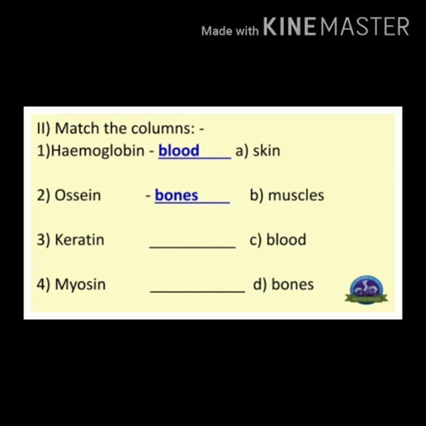Amino acids is converted into keratin for wear and tear of skin. Answer is skin. Write down option A, skin. Fourth, match the column is myosin. Amino acid is converted into myosin, which helps in movement of muscle cells. So, answer is muscles. Write down option B, muscles.